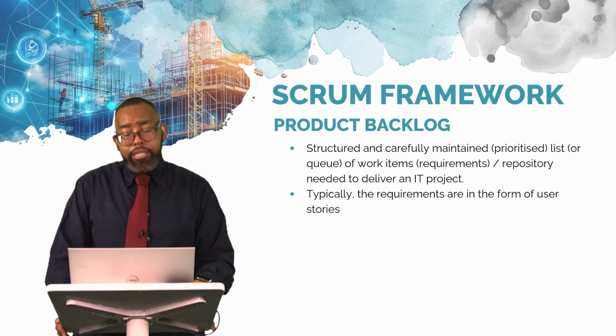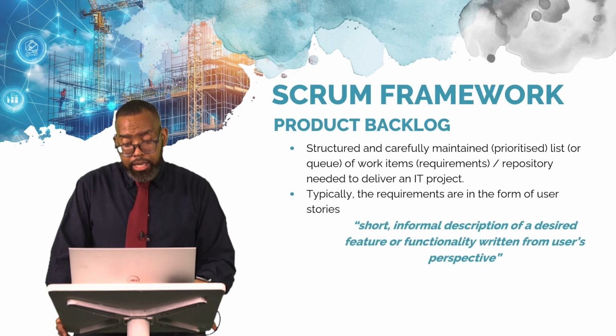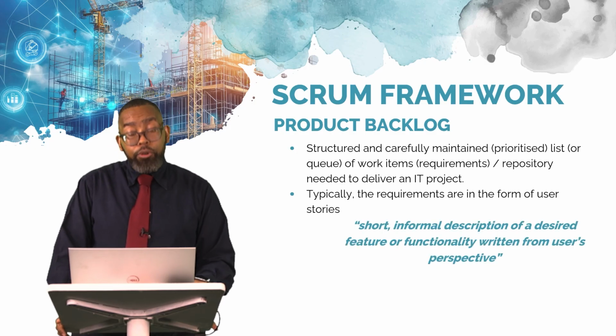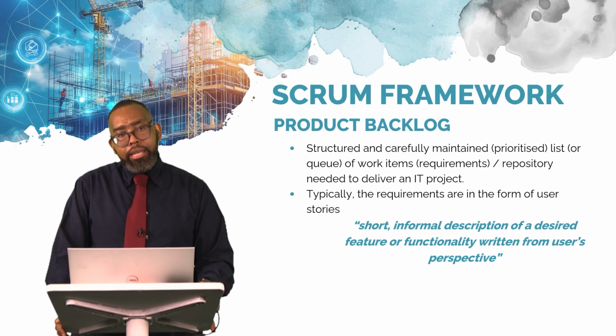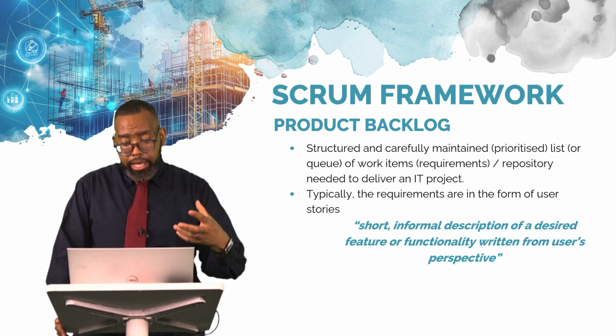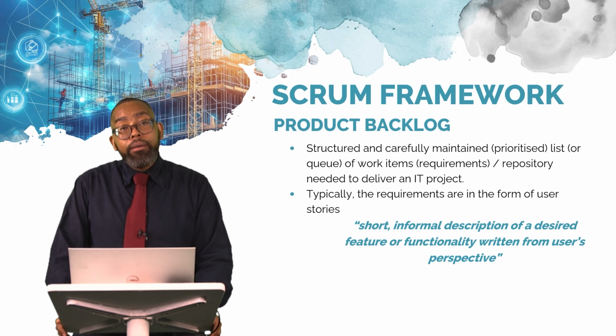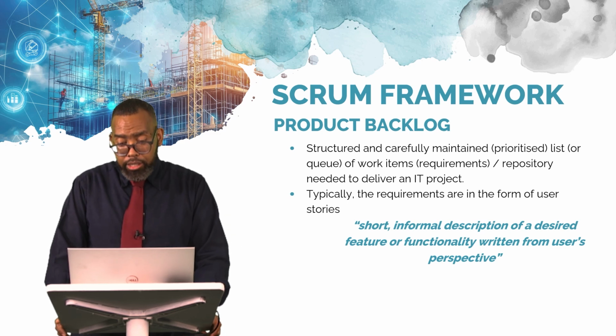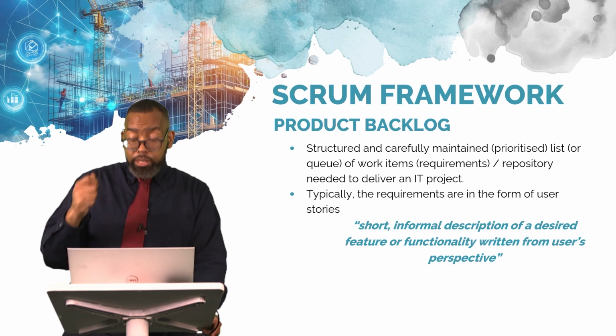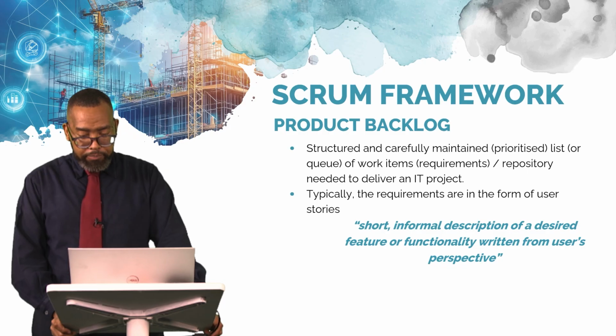But effectively, user stories are just a way of presenting user requirements in such a manner that the requirement is presented in a short, informal, precise description that gives a very clear indication of what the user requirement is, and most importantly from the user's perspective.